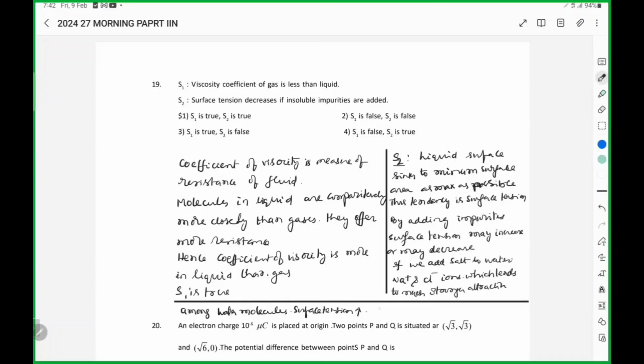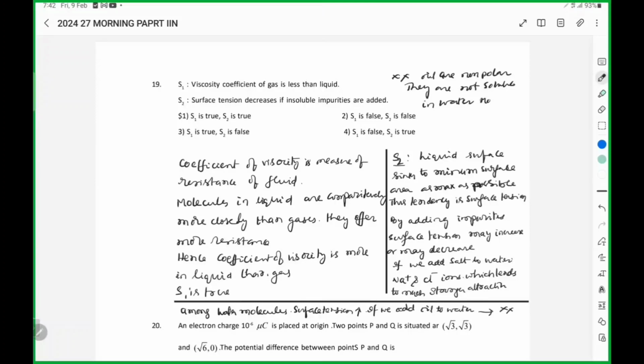Now if we add oil to water, this is another case. Most oils are non-polar. They are not soluble in water.